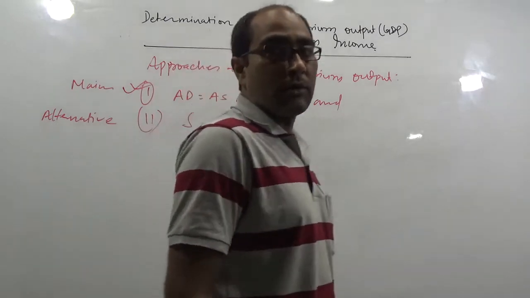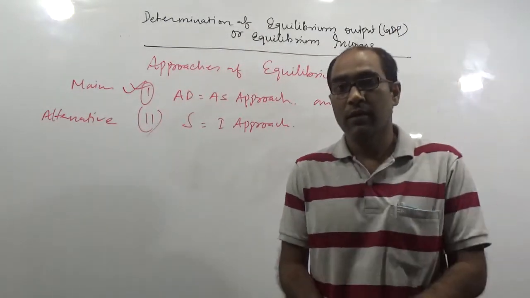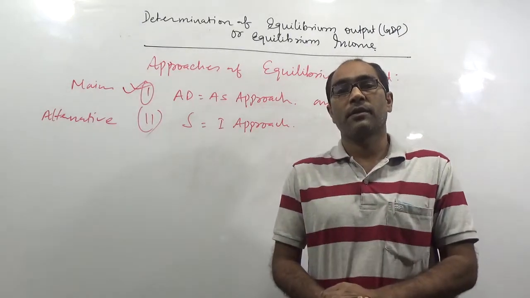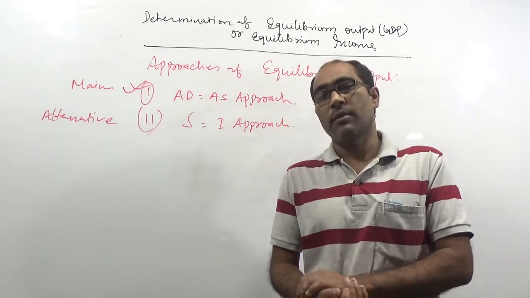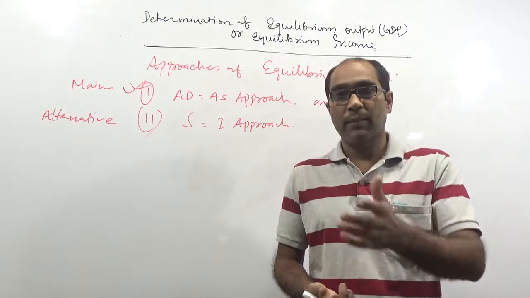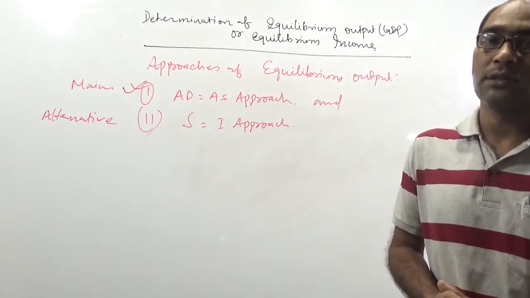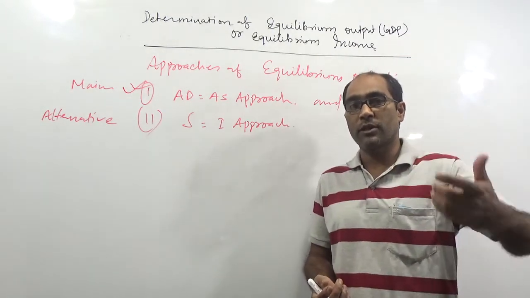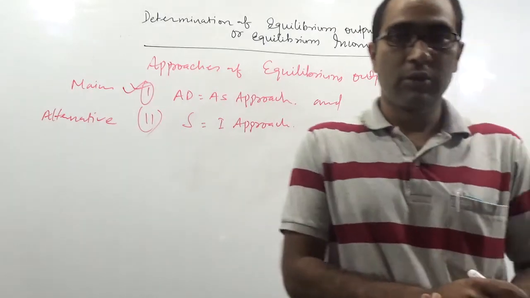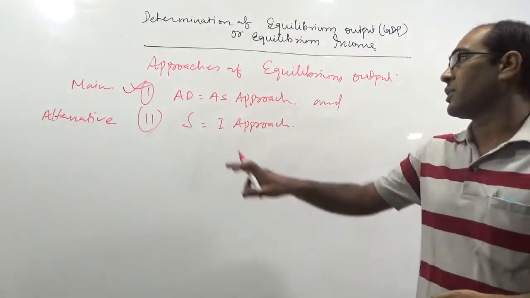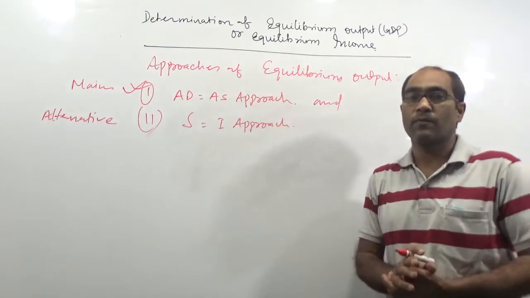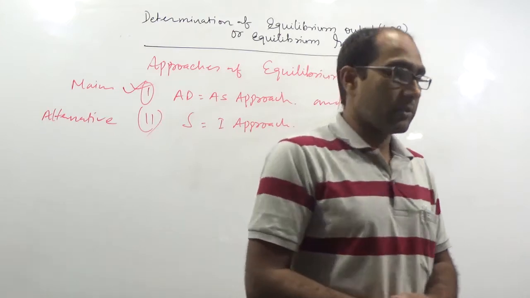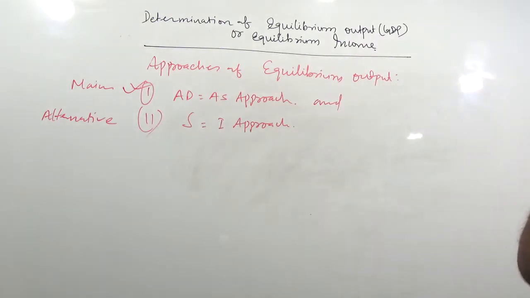So we have to determine the equilibrium level of GDP output or income with both approaches separately. But since the AD equal AS approach is the main approach, we have to start with it. After that, we will deal with the alternative approach, S equal I.